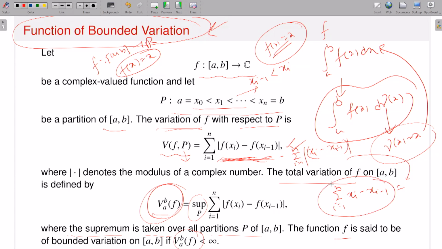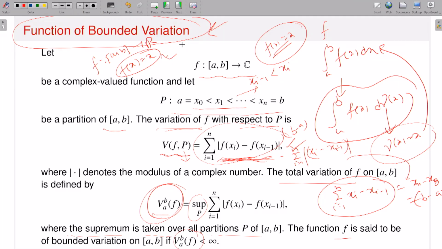This is a telescoping sum, so we will have x_n − x_0. And x_n is nothing but b, and x_0 is nothing but a. Therefore this sum always gives you b − a, irrespective of the partition P. Whatever partition I take, the variation is always b − a. Therefore the supremum is b − a, which is finite. Therefore this is a function of bounded variation.